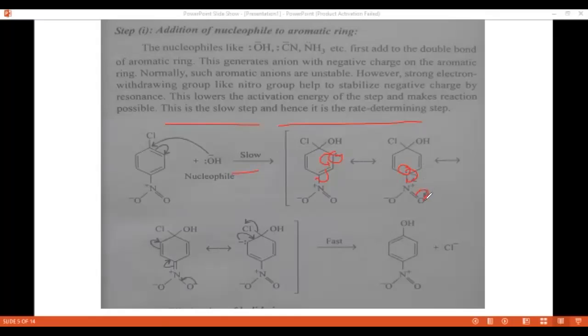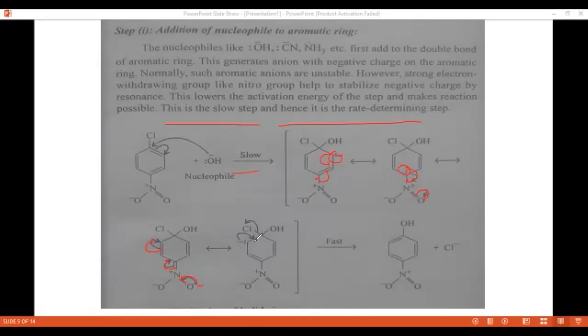The bond breaks on the oxygen atom. This is the second resonance structure, with the negative charge on the oxygen atom, delocalized here. Again, the bond between carbon and nitrogen can break in this direction, and the negative charge is present on the ortho carbon atom.